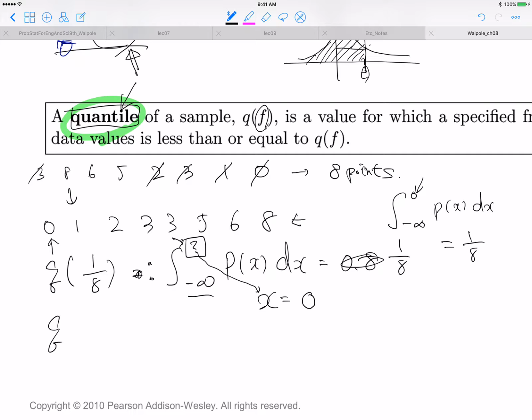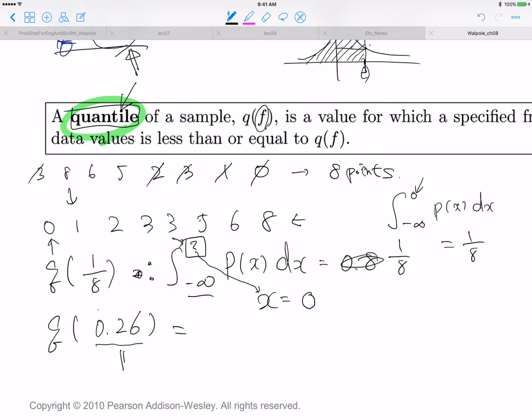Okay, and then what will be this value? In this case, we have a sample, so the probability will increase by the amount of 1/8, right?